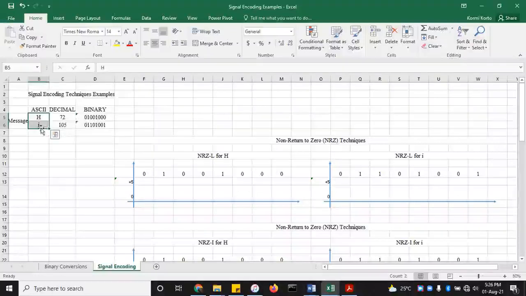So whenever you have a message, what a computer does is read that information as ASCII and then look up the conversion chart, which you already know by now. Or if you don't, there is a copy in the slides that you can go through, or you can even Google the ASCII conversion chart. You get a list of them.